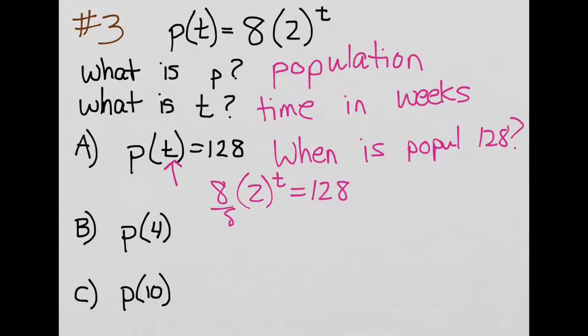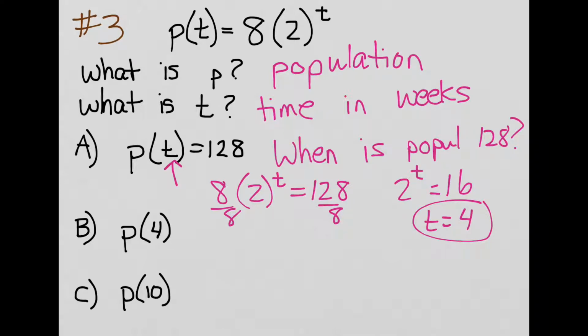Let's divide both sides by 8, and we'll get that 2 to the t equals 16. Then t equals 4, because 2 to the 4th power equals 16. So on the 4th week, you'll have 128 rodents in your yard.